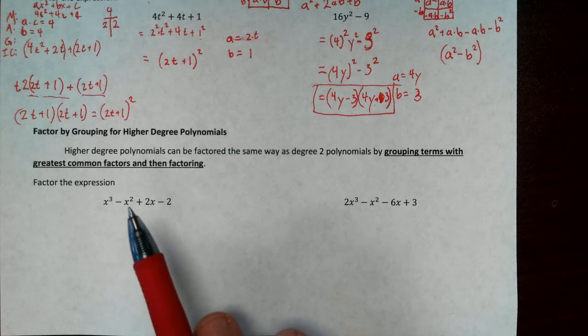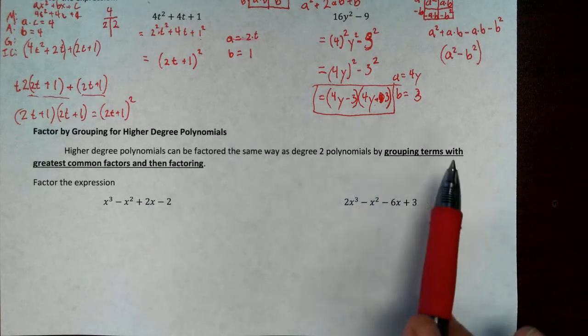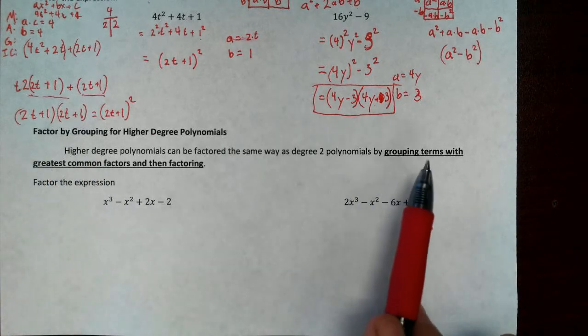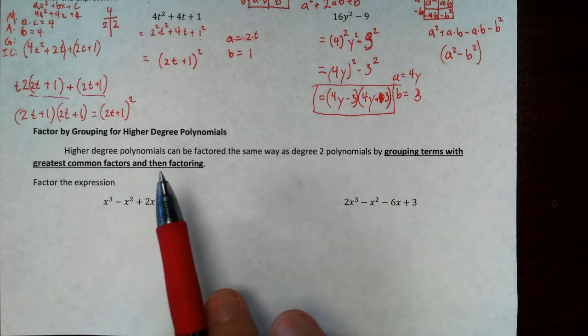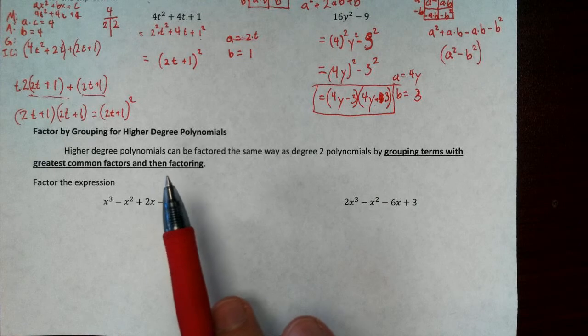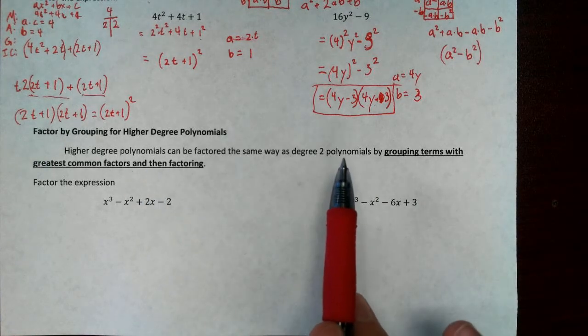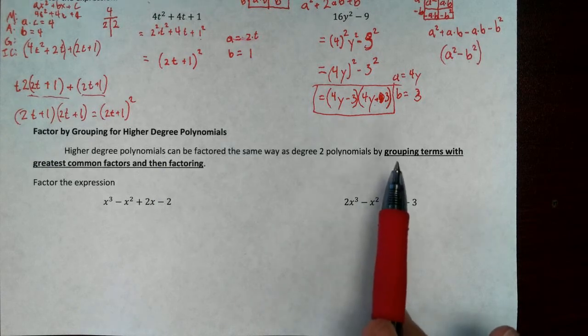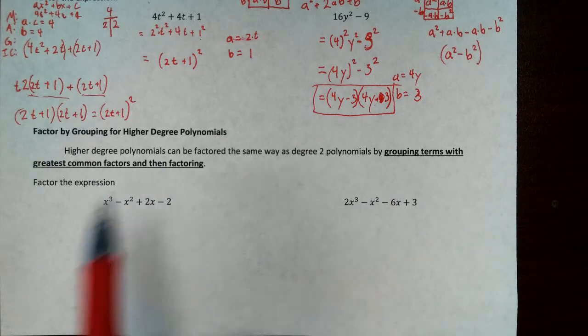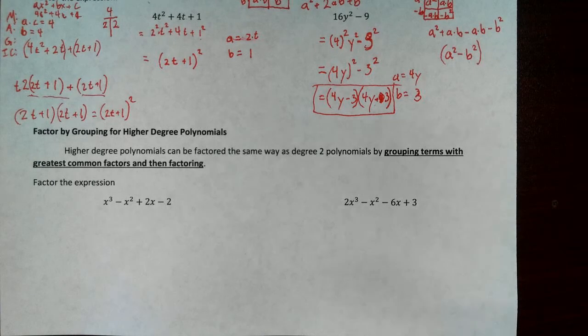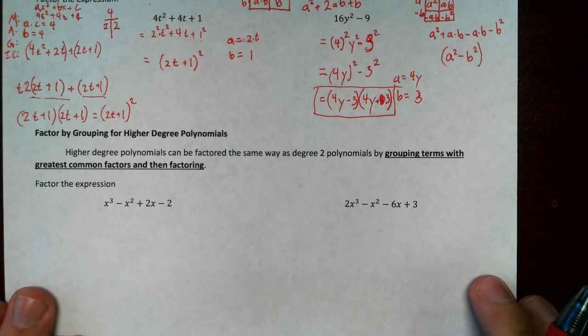We can just skip that, start grouping them, right? Look for terms that have the greatest common factor, and then group them, okay? So they can be factored just the same way as degree 2 polynomials, except we're just going to start grouping them, and then look for that greatest common factor. And then, of course, factor it out, right? We find the greatest common factor, we don't just look at it and say hi, we factor that bad boy out.